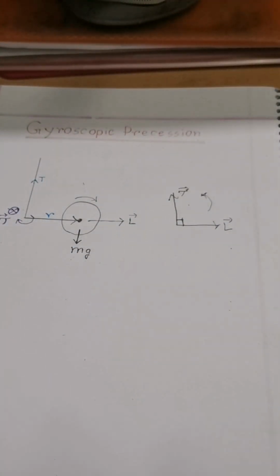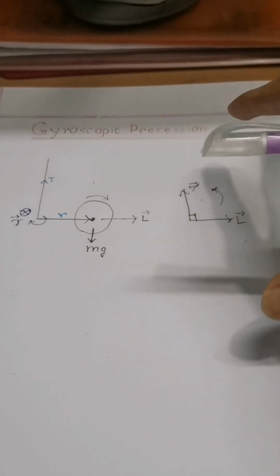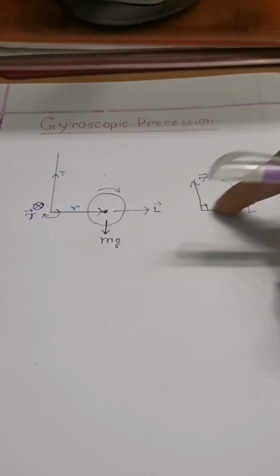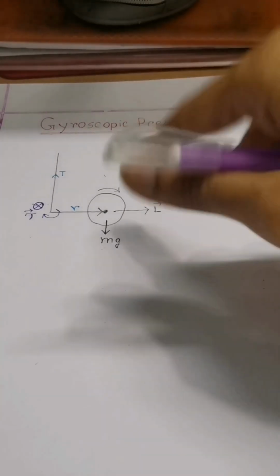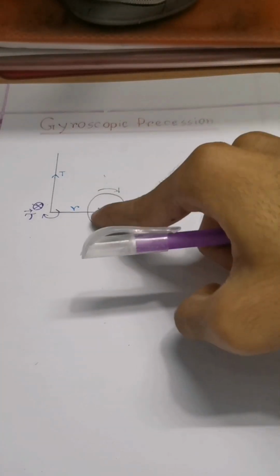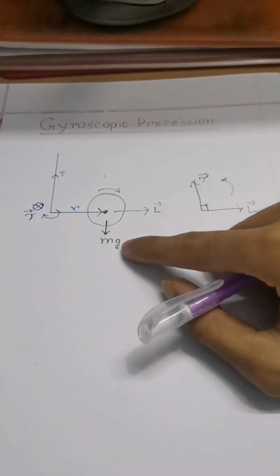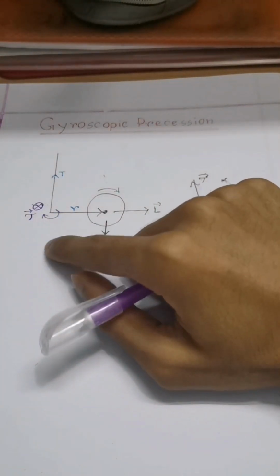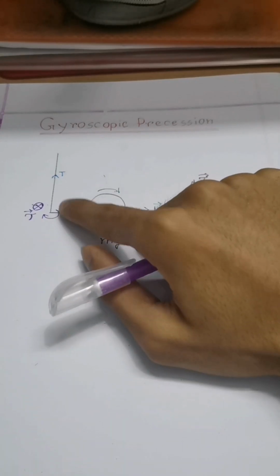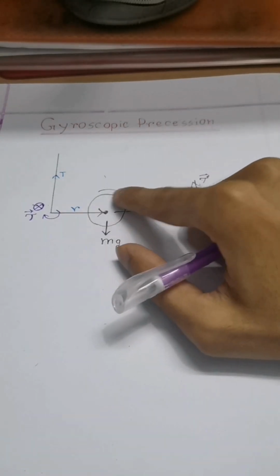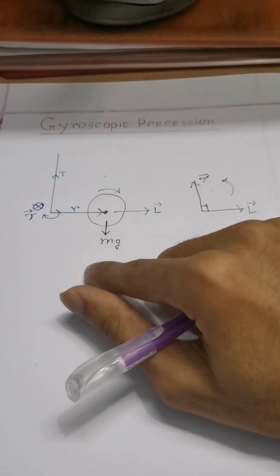But it's a vector explanation, and it's very unintuitive, because even though I'm explaining why this precesses, we cannot understand why this doesn't just fall off. mg is working here, there's a torque, but why doesn't that torque have an effect and tilt this and make it fall?